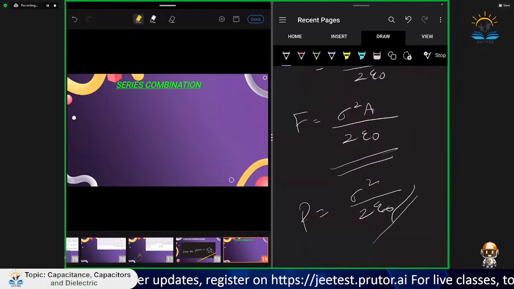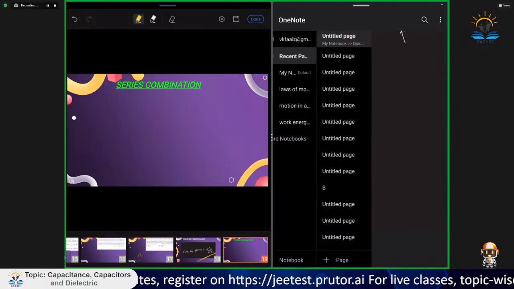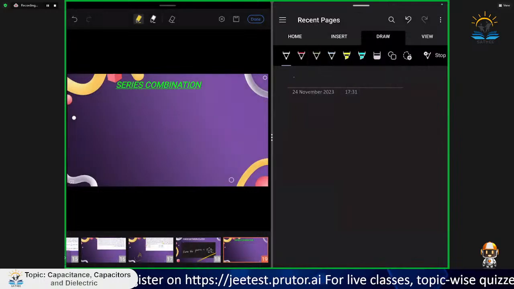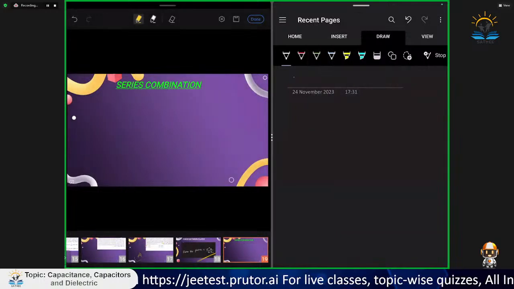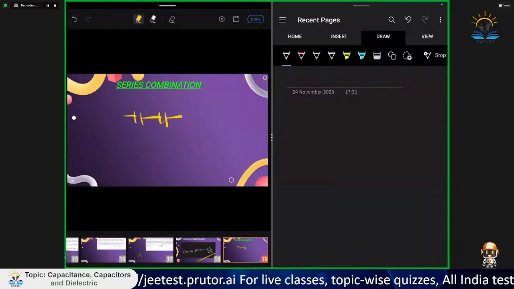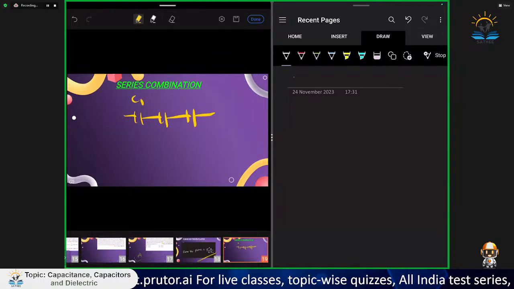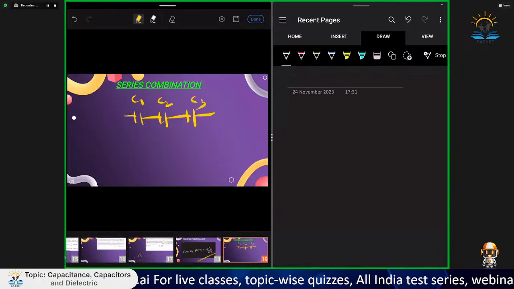Next, series combination. What if I connect capacitors in series? C1, C2, C3.